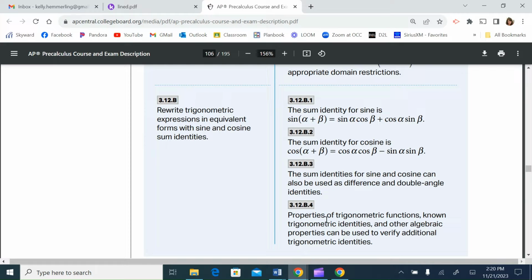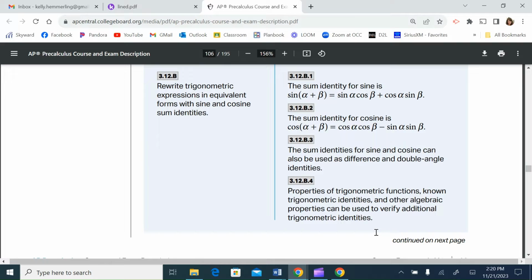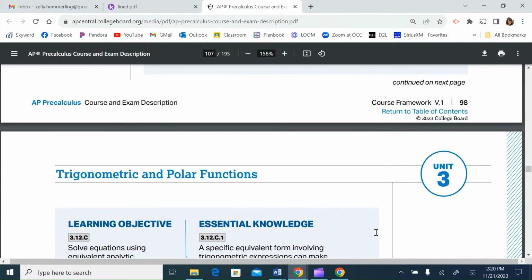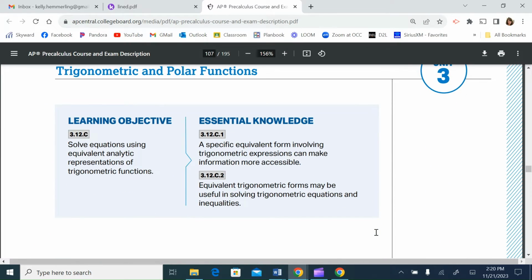And then in B4, it talks about just verifying trig identities using the previous identities that we've talked about. Now, if we continue on to the rest of this topic, you'll see in 312C, we're talking about using equivalent analytic representations of trig functions. No other trig identities are specifically listed here.